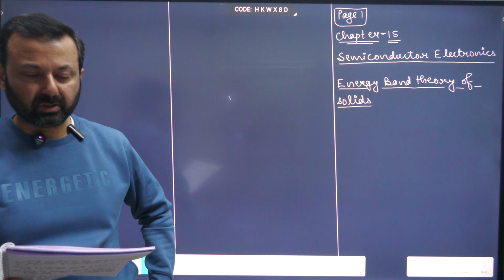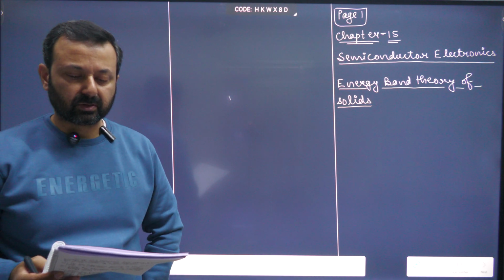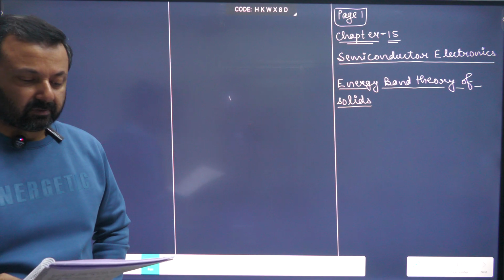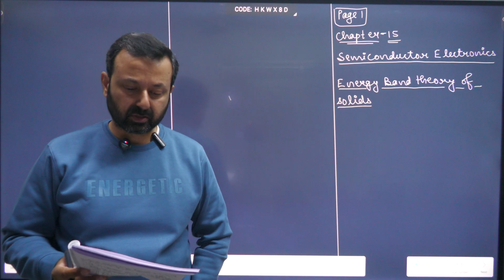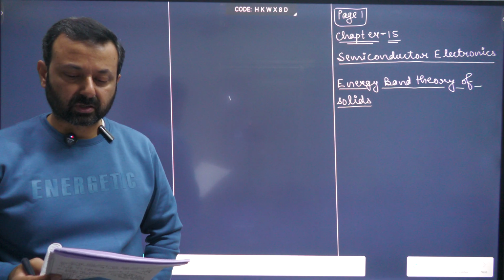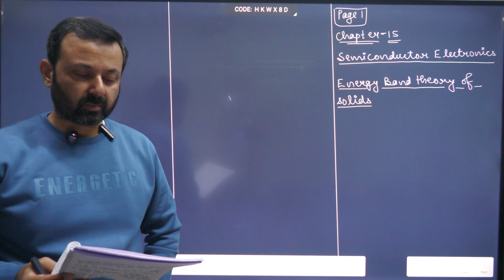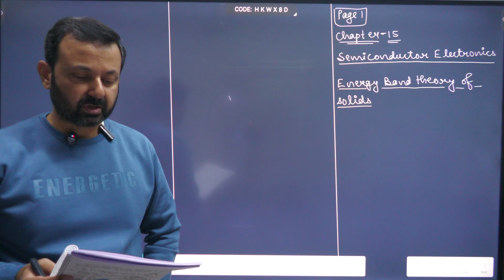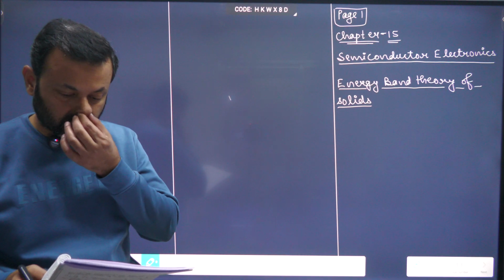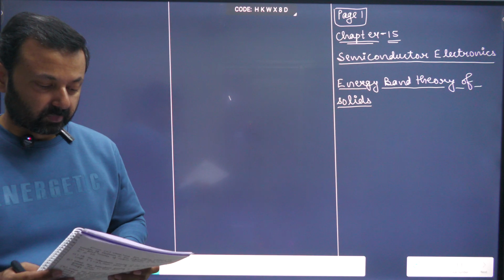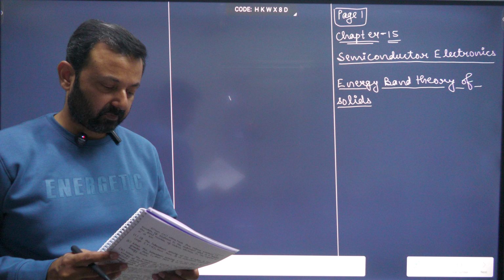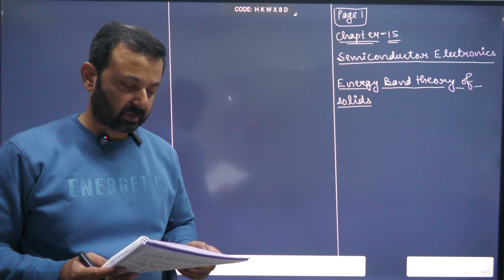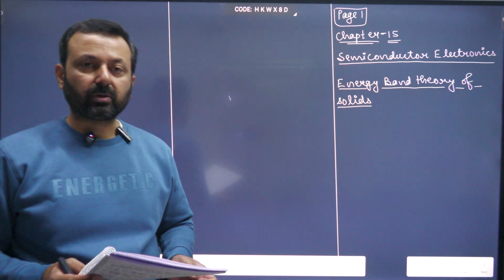According to Bohr's theory, there are well-defined energy levels of electrons in an atom. If a large number of atoms are brought close to one another to form a crystal, they begin to influence each other. Due to this interatomic interaction, there is no modification in the energy levels of the electrons in the inner shells, but there is a considerable modification in the energy levels of the electrons in the outer shells.